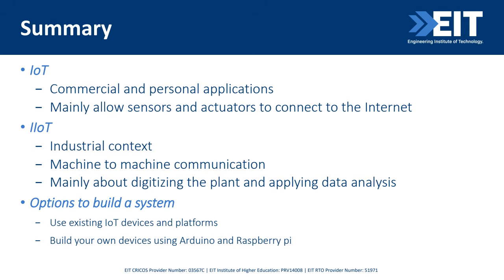To summarize, we saw today what is IoT, which is commercial applications, business applications, and allowing sensors and actuators to connect to the internet. And we saw what is IIoT, which is typically in the industrial context, and it's mainly about data analysis. And we saw the options to build a system.